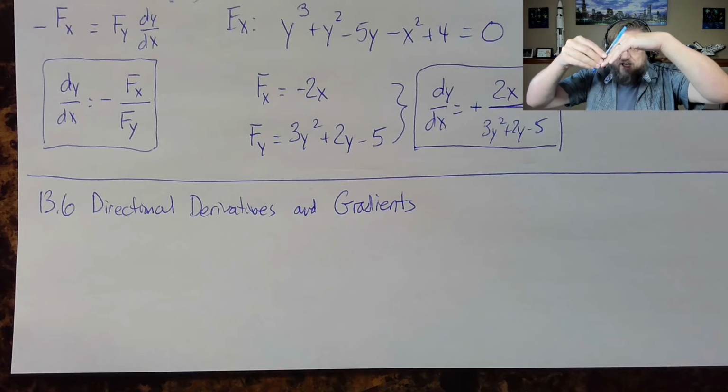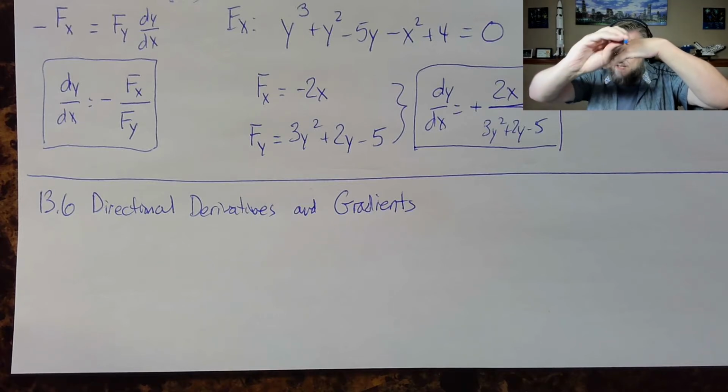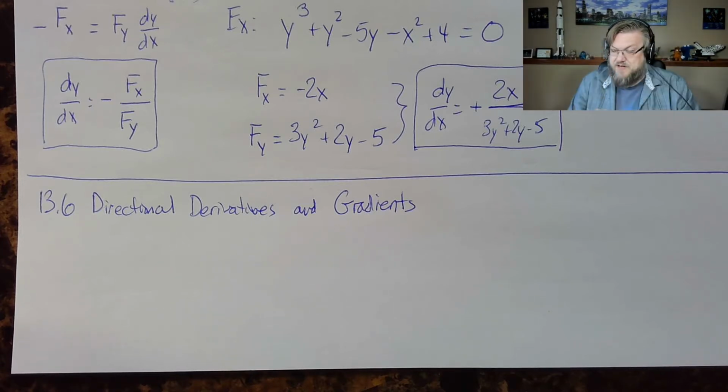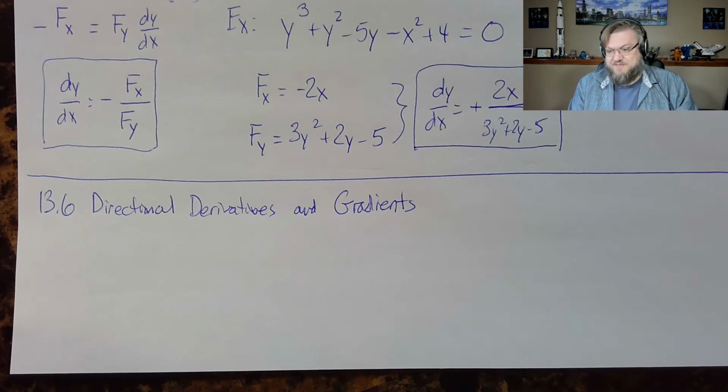That could be different. Those could be different slopes depending on where you're looking, but the partial derivatives with respect to x and y are the slopes in those directions.